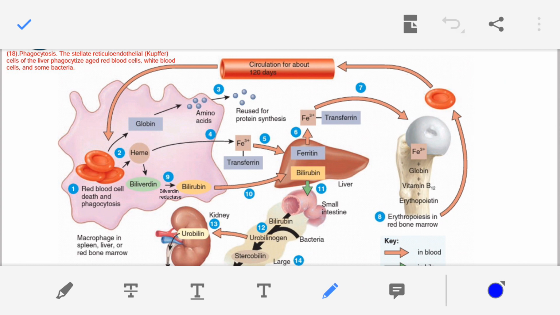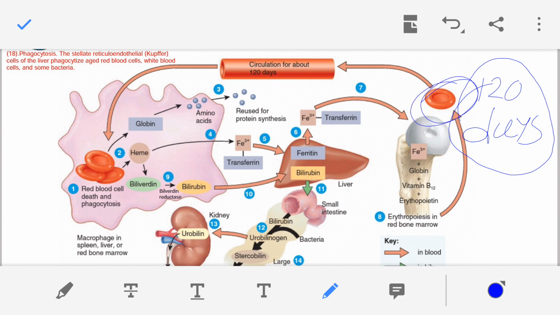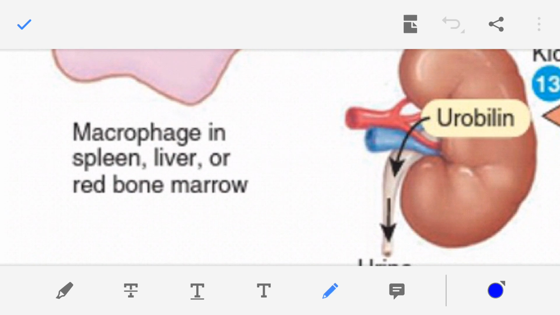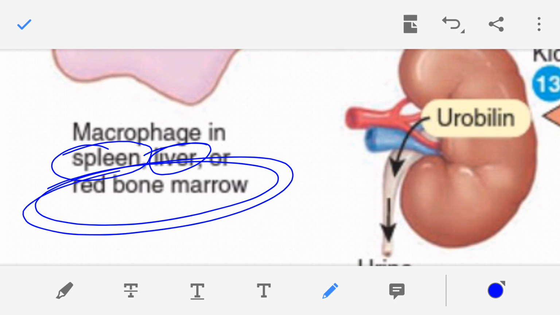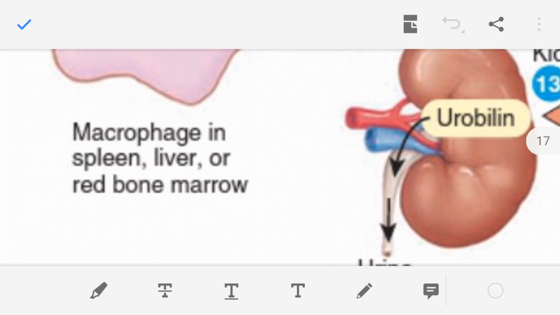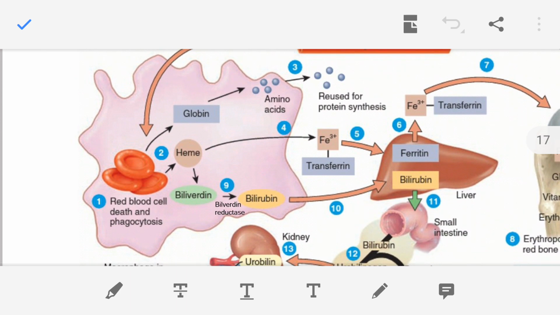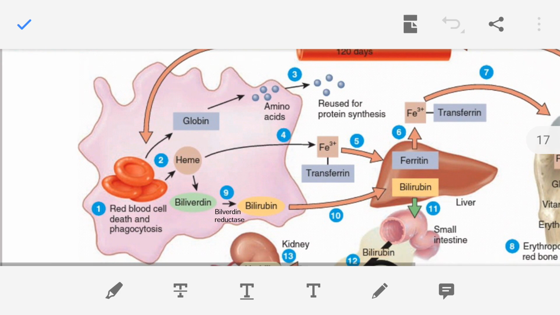And when they become old, we know the age of RBC is 120 days, and after 120 days, where are these RBCs going? See, these three organs: spleen, liver, red bone marrow. In these three organs, macrophages are present, and these macrophages perform phagocytosis of old RBC.